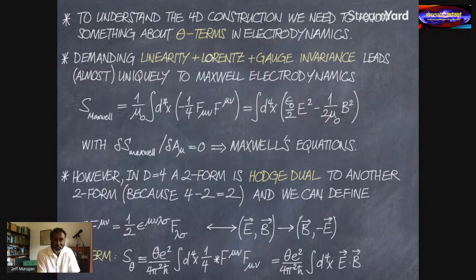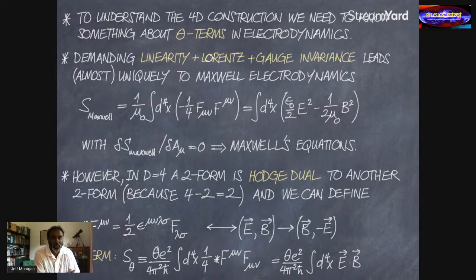What this means is that I can start off with F mu nu, the Maxwell tensor, or Faraday tensor, sorry, and I can dualize it by multiplying it with this epsilon mu nu lambda sigma, which is a completely antisymmetric tensor, which means that if I interchange any two indices, mu or nu, lambda or sigma, mu or lambda, nu or sigma, then it picks up a minus sign.